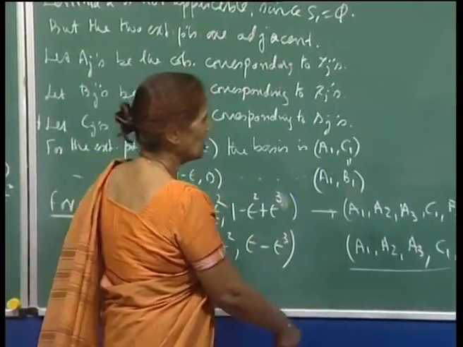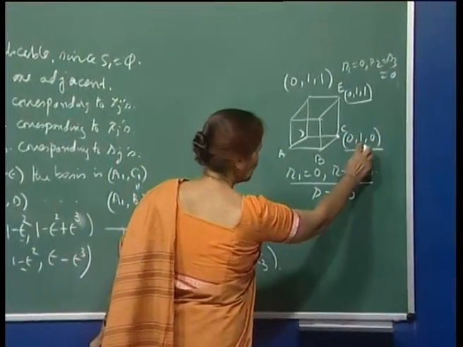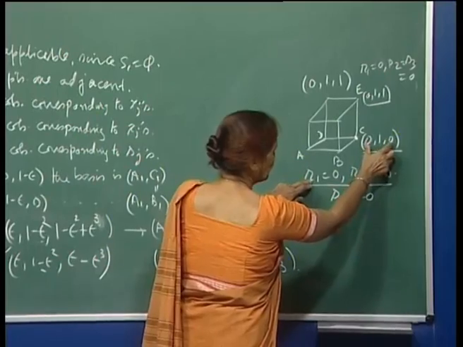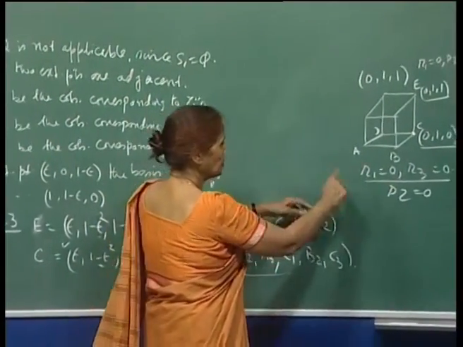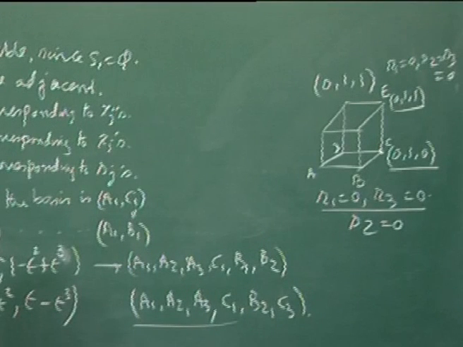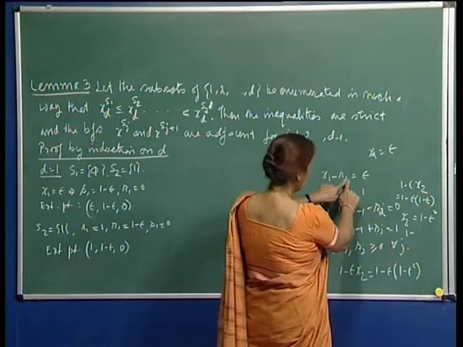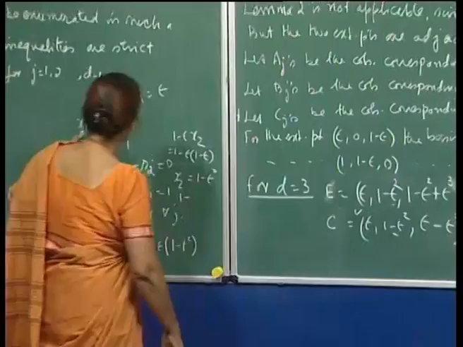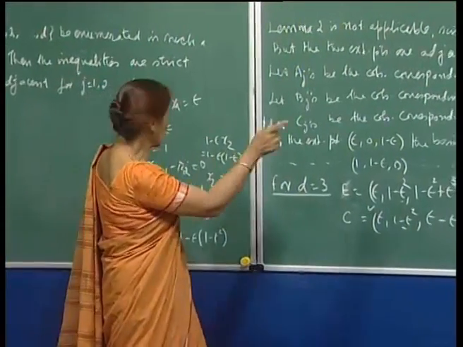For C you see you have R2 in the basis, and R1 and R3 are 0. Okay. R1 and R3 are 0, which means that S1 and S3 will be there, if you remember the lemma. So, R1 is 0, from here you immediately see that x1 is epsilon. I am going for the point C right now, and then S2 is 0.